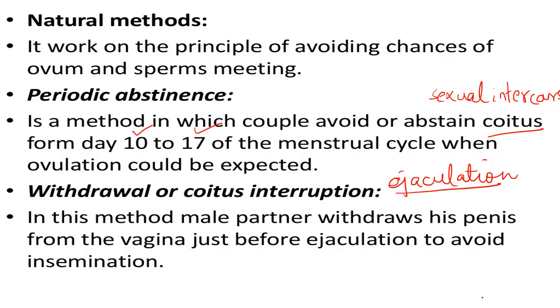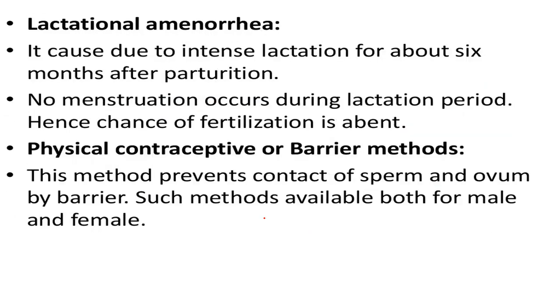If the male ejaculates outside and not inside the female reproductive system, there will be no fertilization. So these are the two natural methods, that is periodic abstinence and withdrawal or coitus interruption. That is, not having sexual intercourse during the 10th to 17th day of the menstrual cycle, and withdrawal of the penis before ejaculation.